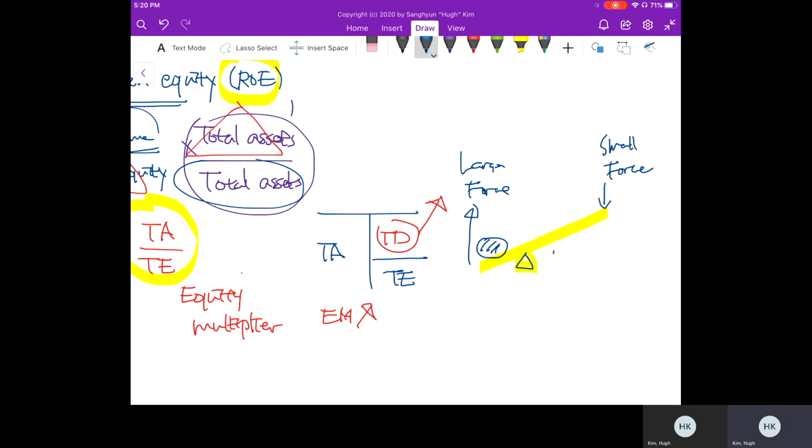That is called leverage. Financial leverage allows firms to use a small amount of equity to have a large amount of total assets. It's called equity multiplier. So it kind of multiplies the assets.